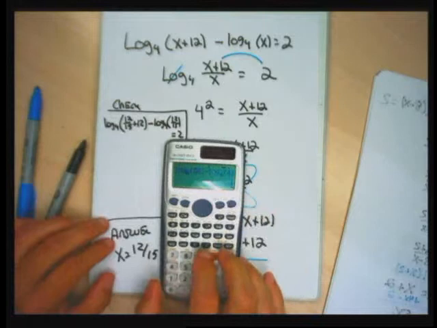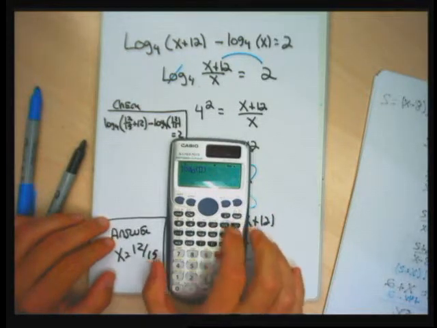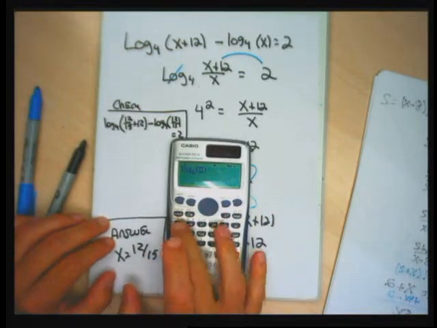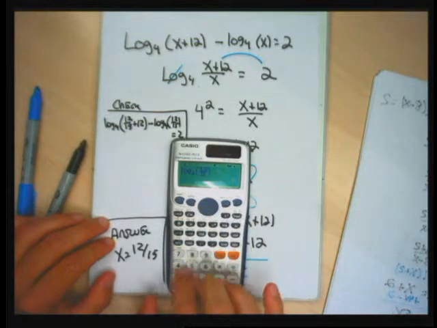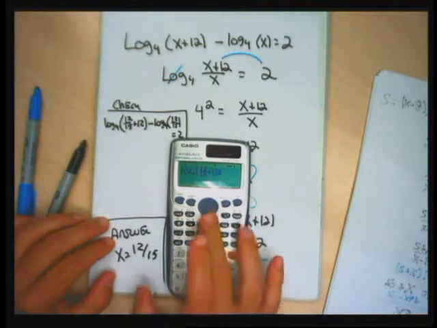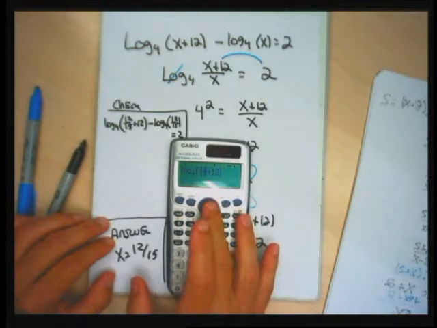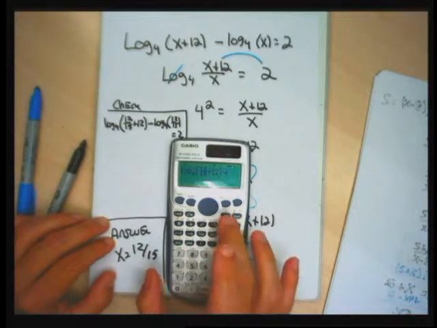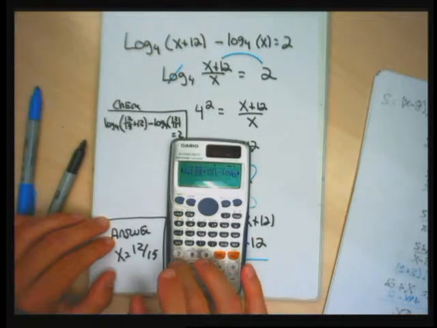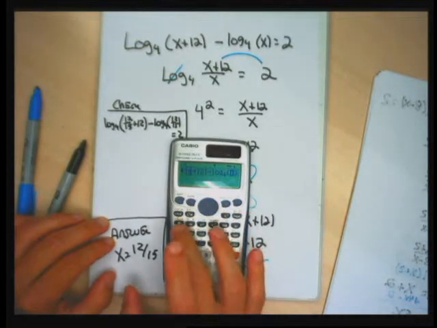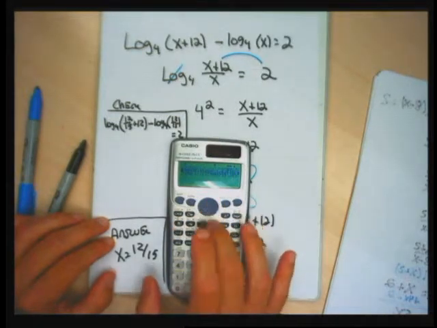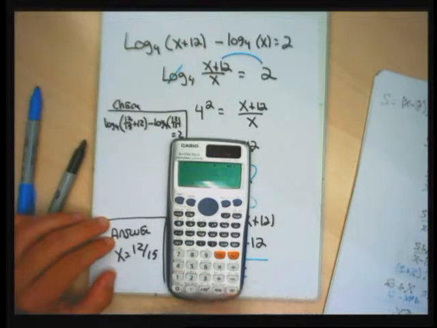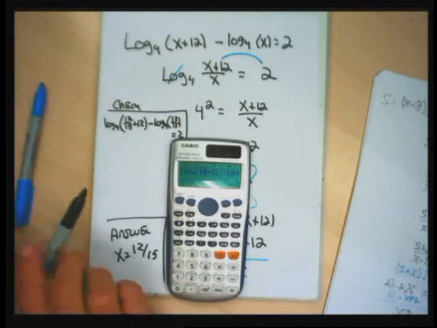So log base 4 of fraction 12 over 15 plus 12. First one done okay, and then minus the log base 4 of fraction 12 over 15. Let's hope I see 2. And it comes out to 2, so I've checked perfectly.